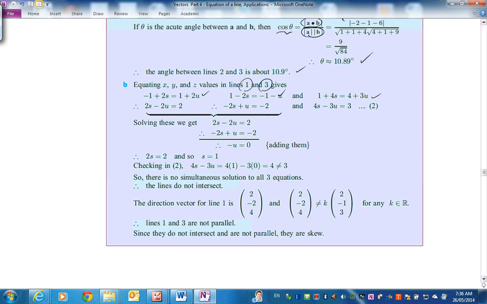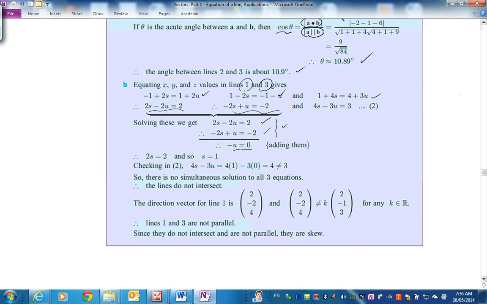So over here we can use these two equations, add them up here, solving these. We've got 2s take 2u, neg 2s plus u. Putting it underneath, there it is. Then adding the equations, you get u as naught. Solving them simultaneously is easy, otherwise you have to use equa.